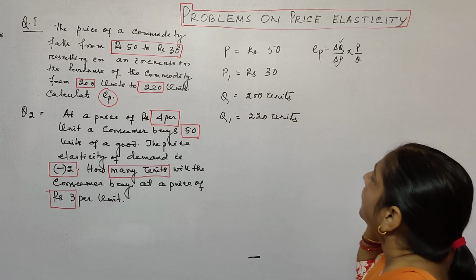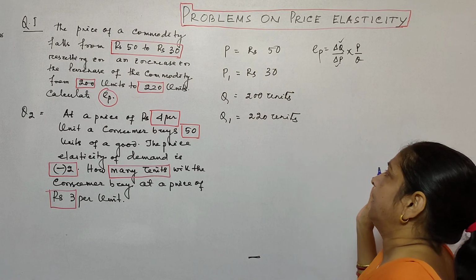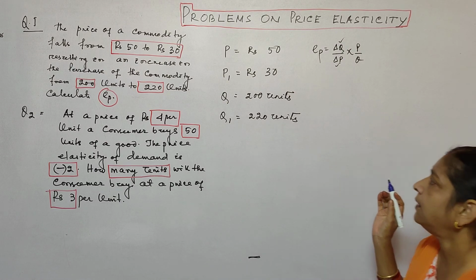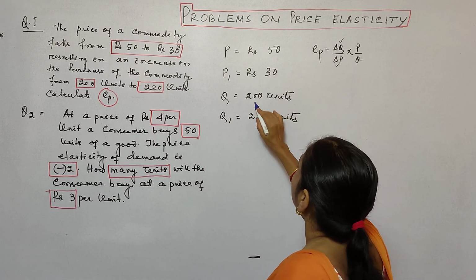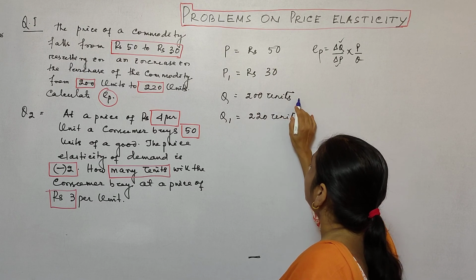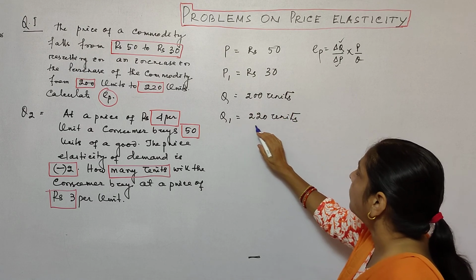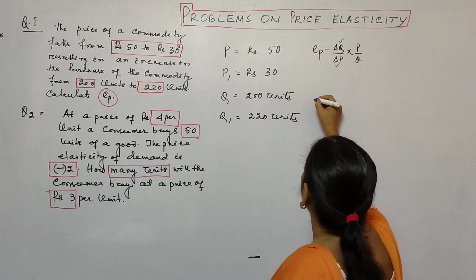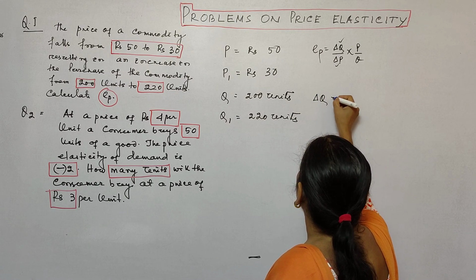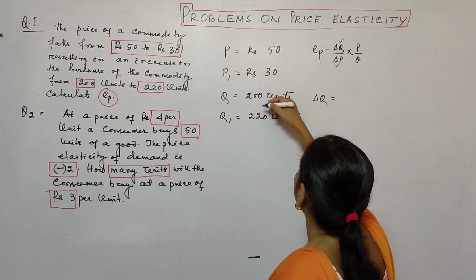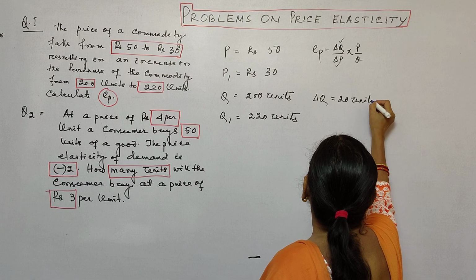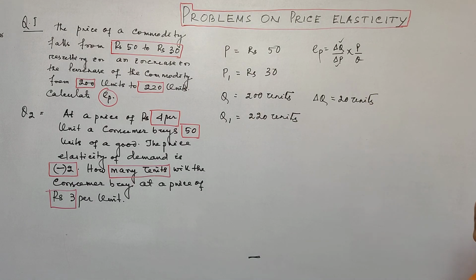We know that delta Q is the change in quantity. The difference between the initial quantity and the final quantity is our delta Q. So initial quantity is 200 units and quantity goes up to 220 units. So delta Q equal to the difference, 20 units.